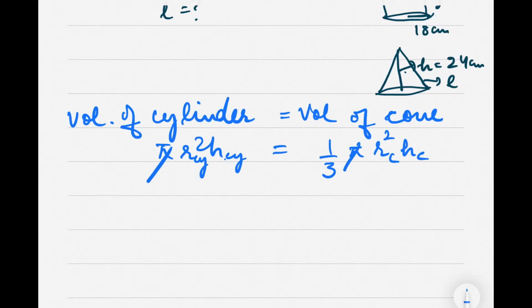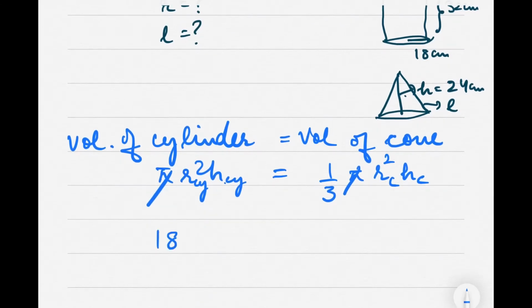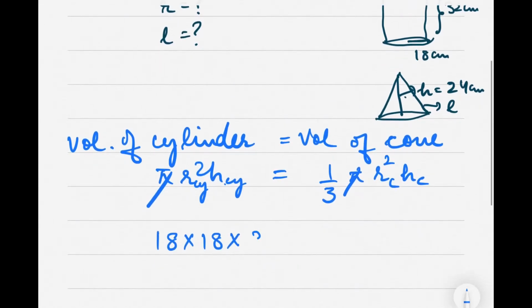Everything else is different, so I have to just put down the values. So radius of cylinder is 18, so 18 into 18 into height, which is 32, is equal to 1 by 3, and this radius I don't know, I have to find out, so I write it as r square, and height is equal to 24.